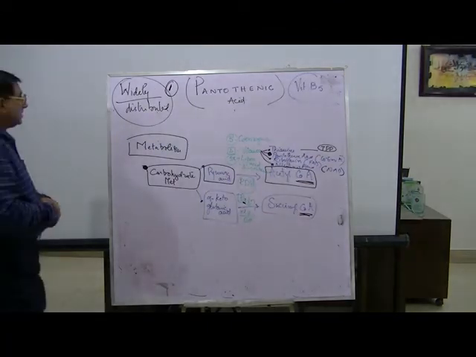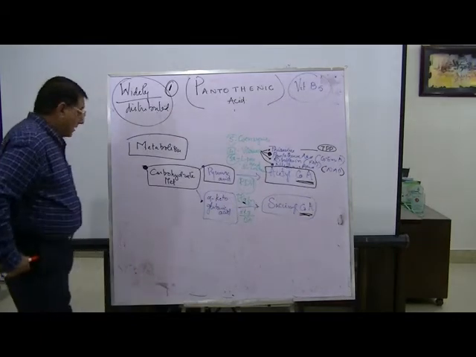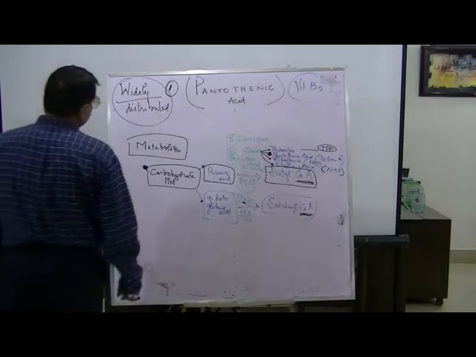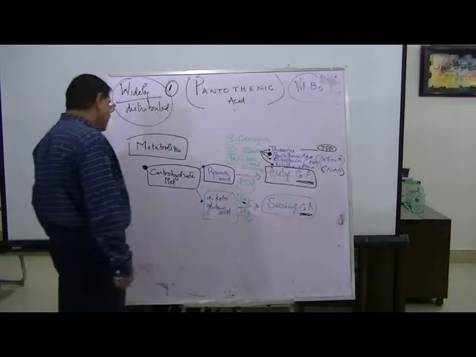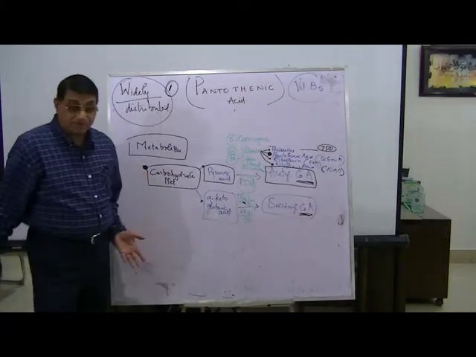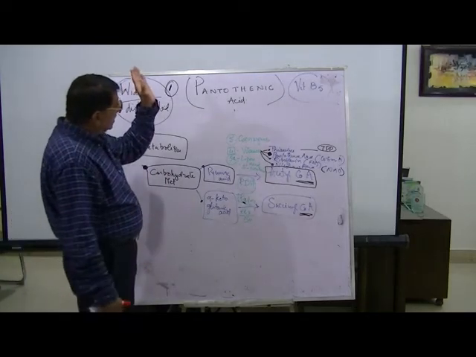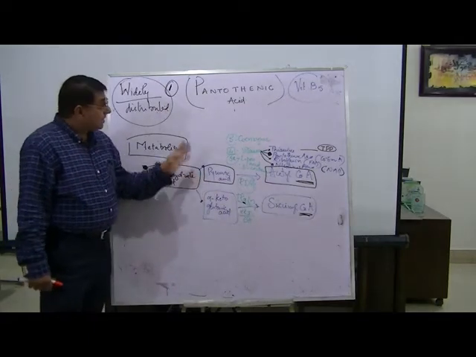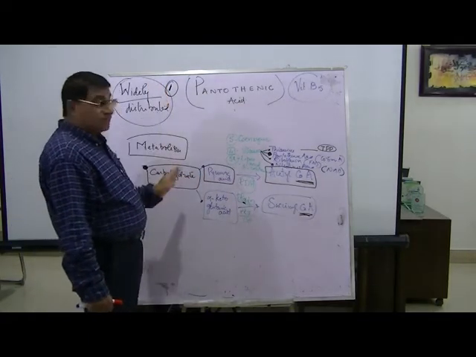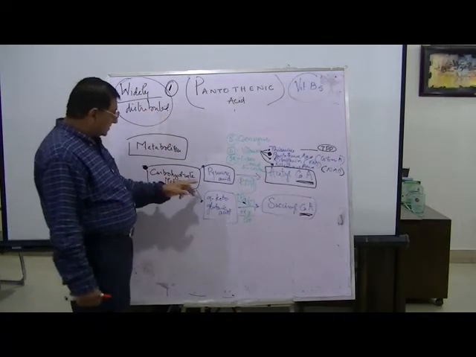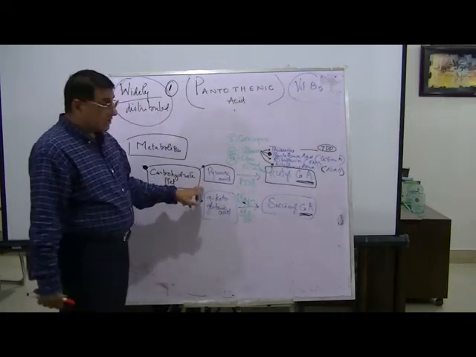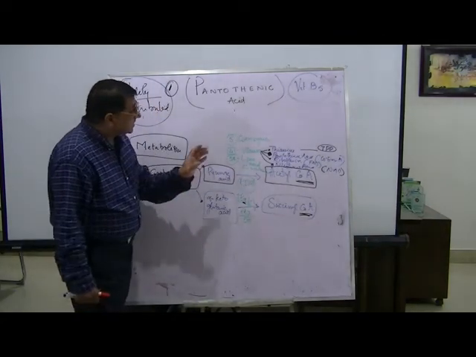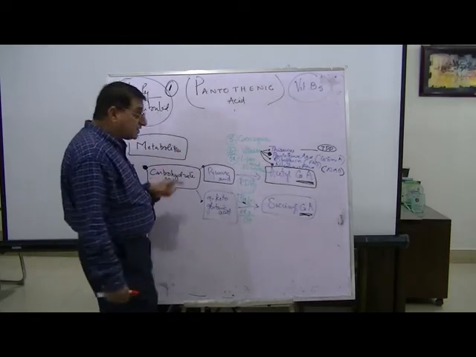So I repeat again, pantothenic acid is widely distributed and it is a component of coenzyme A. And as coenzyme A, it has got a very important role in carbohydrate metabolism because in the production of energy from glucose after glycolysis, when glucose enters the mitochondria, this is the first step from pyruvic acid to acetyl CoA, and then it enters the citric acid cycle inside the mitochondria.